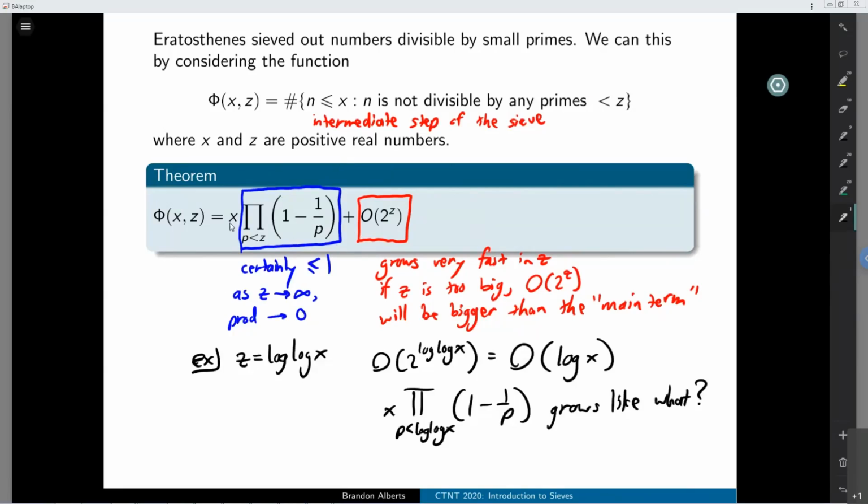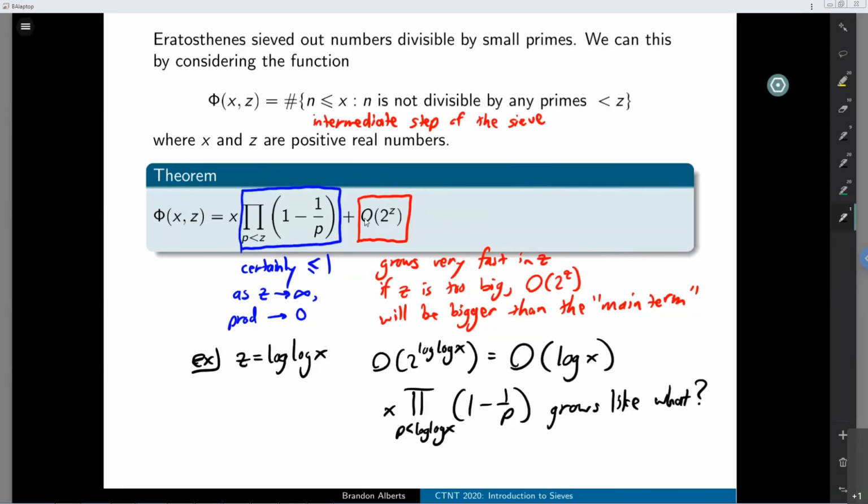Well, it's x times some function of z, which you can show tends towards 0 as z tends towards infinity. So if you make z grow a little bit with x, as the number of possible candidate integers increases, you slowly increase the number of primes whose multiples you're eliminating, then this main term will be of a lower order of magnitude.